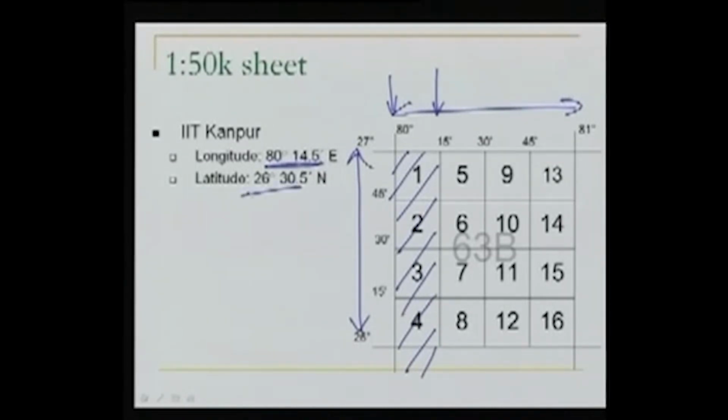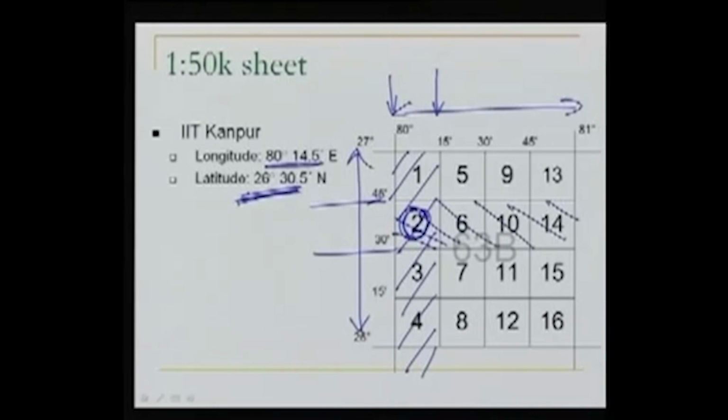When we look at the latitude, it's 26, 30. Because it is 30.5, more than 30 and less than 45, it should be between these two latitudes. So the area of interest should be here. What do we get from here? We get that our area of interest has the number 2.